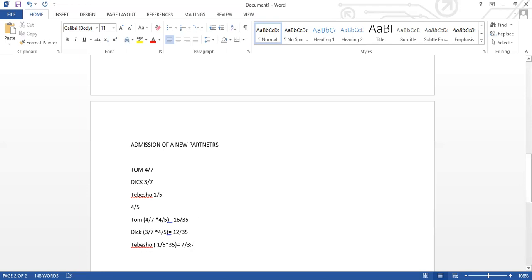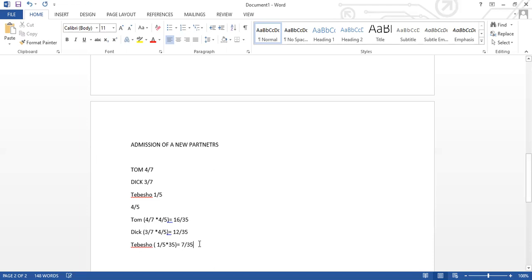That is another way, instead of doing the way that I showed you on the whiteboard. So 1/5 multiplied by 35 will give us our numerator of 7. The denominator remains the same at 35. So the new profit sharing ratios are 16/35, 12/35, and 7/35.